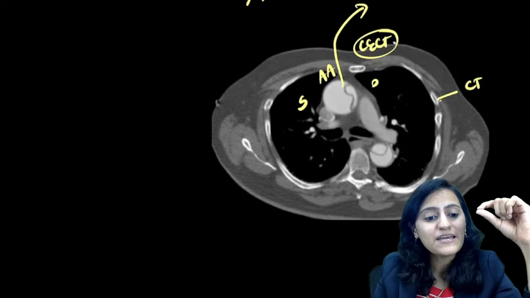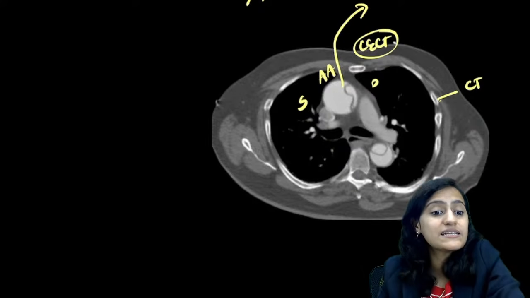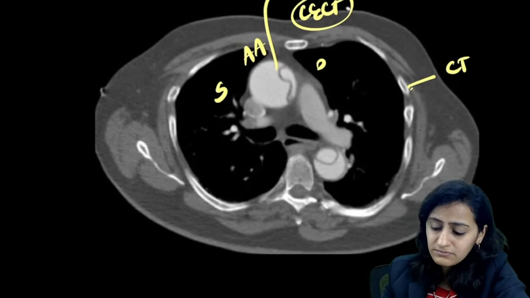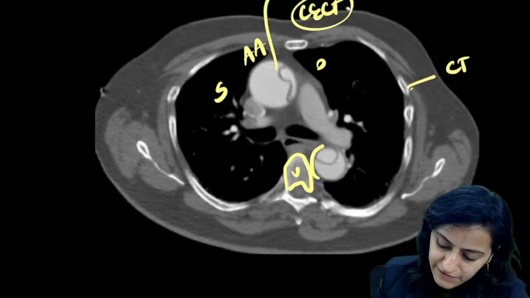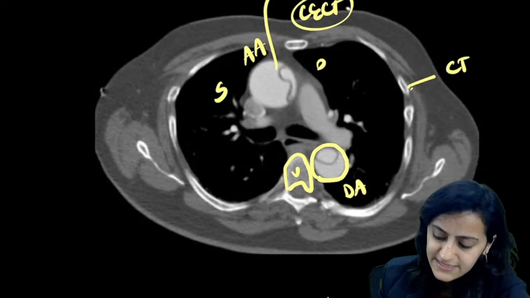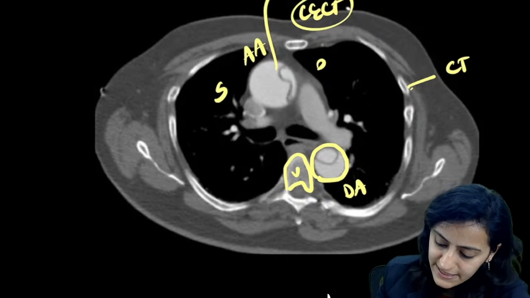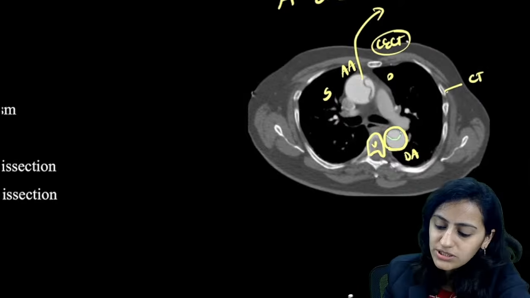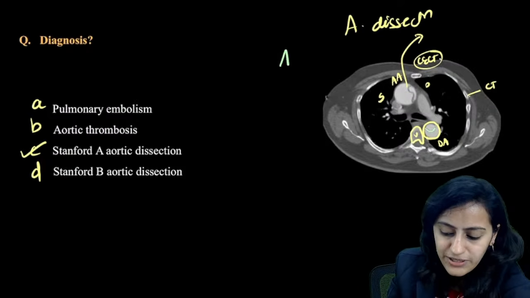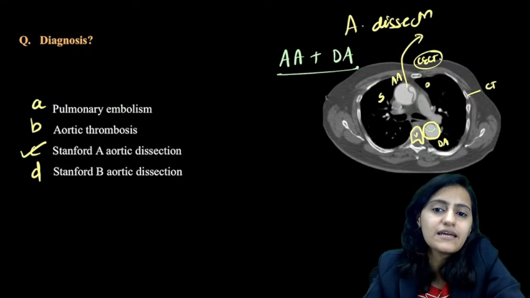Is the ascending aorta involved or is the descending aorta also involved? Where is the descending aorta? This is the vertebra. To the left of the vertebra, this is the descending aorta, and the descending aorta is also showing this intimal flap. So both are involved. Aortic dissection involving the ascending aorta plus the descending aorta.